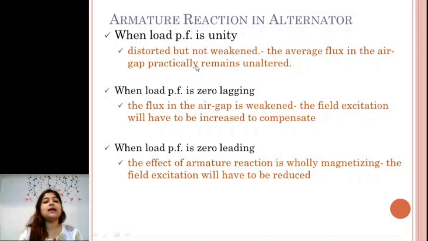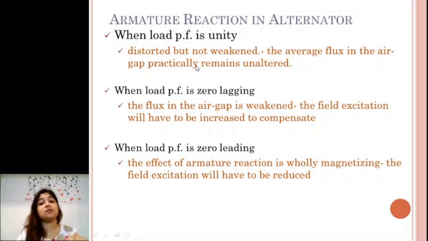I summarize this slide. For unity power factor load, that is pure resistance, the overall effect of armature reaction is that the main flux gets distorted but not weakened. While for the effect of pure inductive load, the main flux gets weakened, decreasing the EMF.